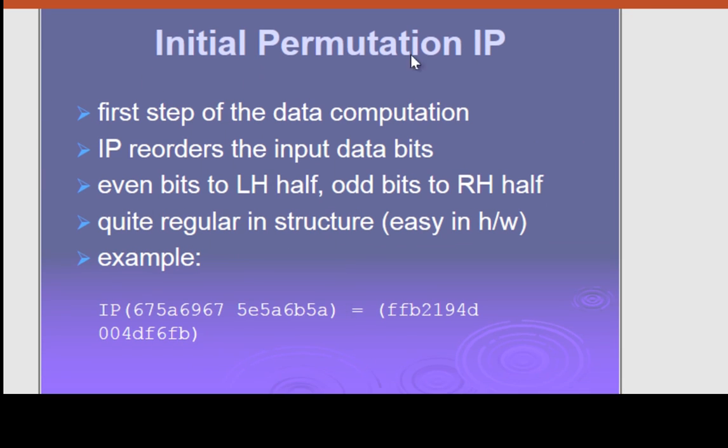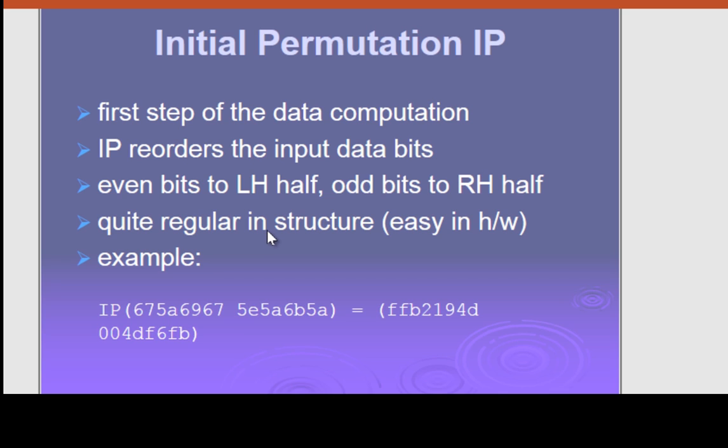Now let us see what an initial permutation is. This is the first step of the data computation. In the DES algorithm, the first step of computation is the initial permutation. What this initial permutation does is reorder the input data bits in such a way that even bits go to the left hand part and odd bits go to the right hand part.